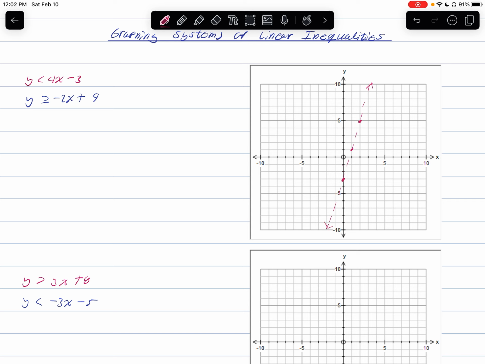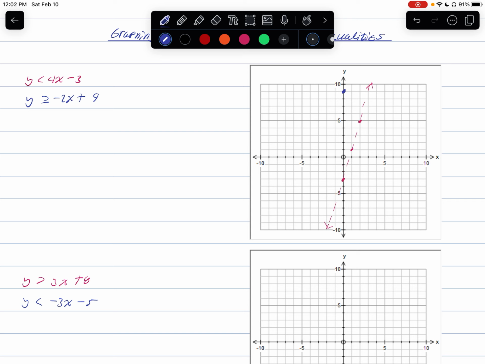Next, we're going to graph y is greater than or equal to negative 2x plus 9, and we're going to graph that as if it was an equation with the appropriate line. So let's switch over to blue for this. We go up 9 on the y-axis because the y-intercept is 9.